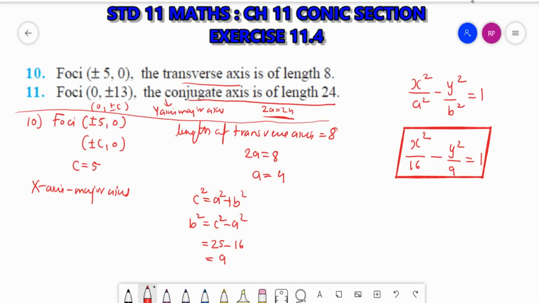If the transverse axis was given, that would be 2b, but it's conjugate axis. So again 2a equal to 24. So find out a using the equation c square equal to a square plus b square. Find b, and the general equation here will be y square by b square minus x square by a square equal to 1. So you have to solve this question by yourself. I have already informed you about the method. Clear? So first note down question number 10. 11th you solve by yourself.